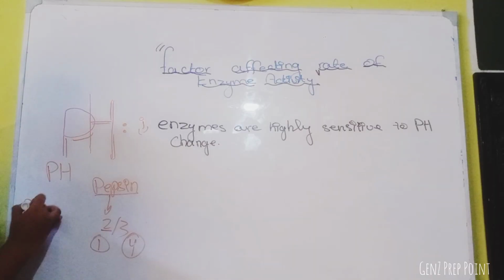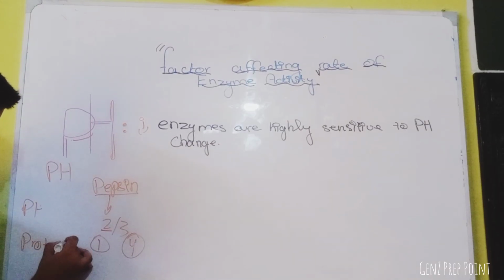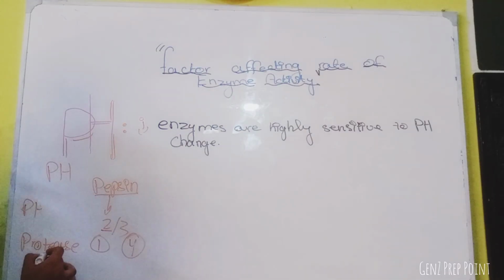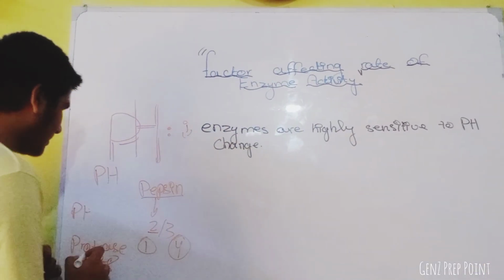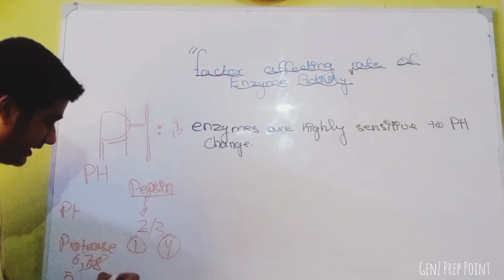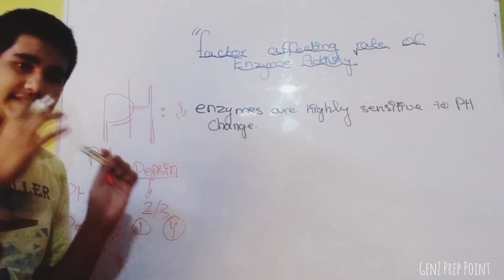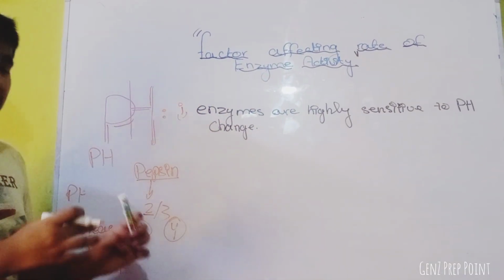If we talk about another enzyme, just suppose protease, its optimum pH is 7, 6 or 8. But just suppose I drop it to 5 or raise it to 9, will it affect enzyme activity? The answer is yes. How?